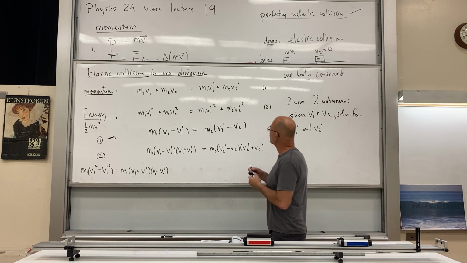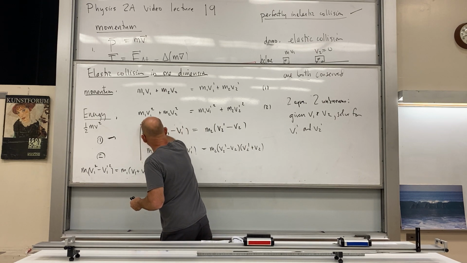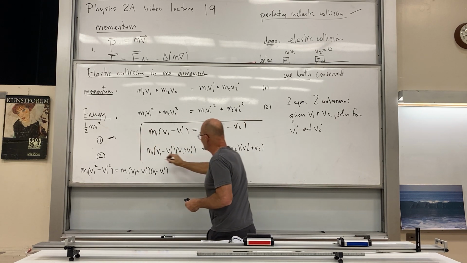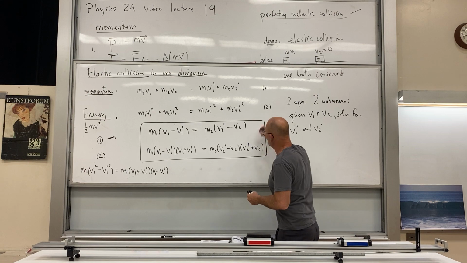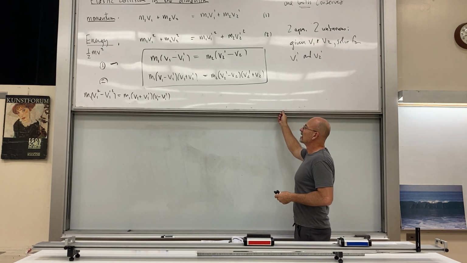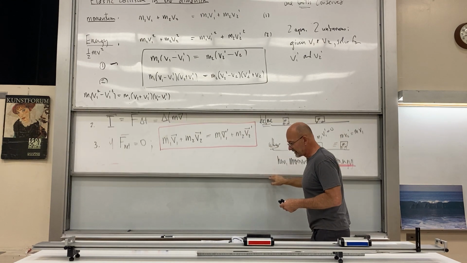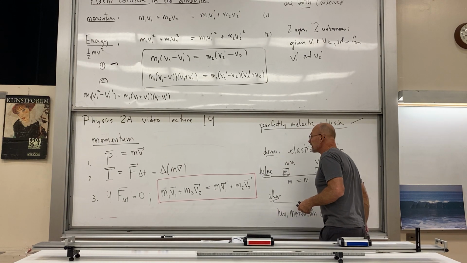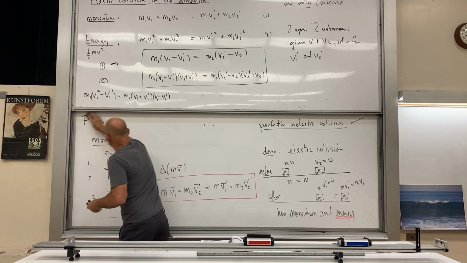So now we have replaced these two original equations by these two, and there's a basic substitution that can now be made. And that is, we're going to find something identical here.